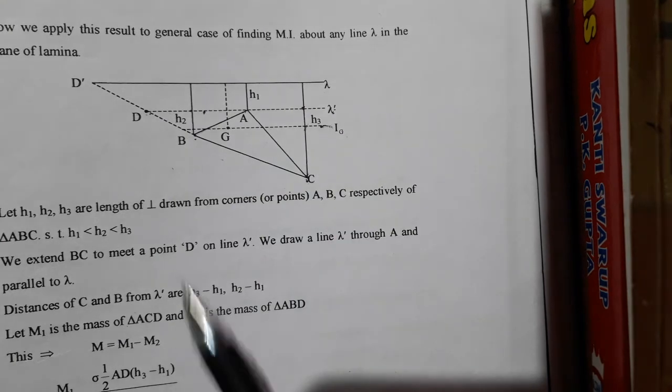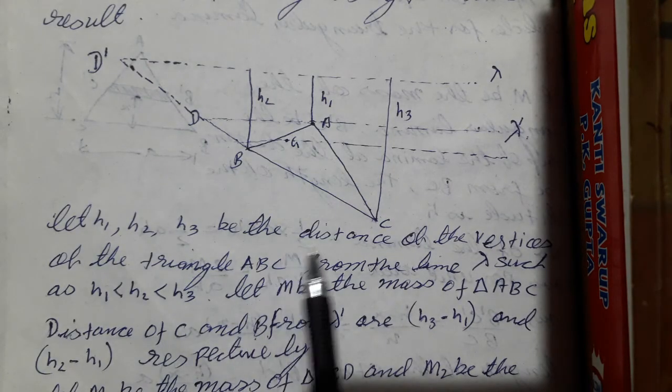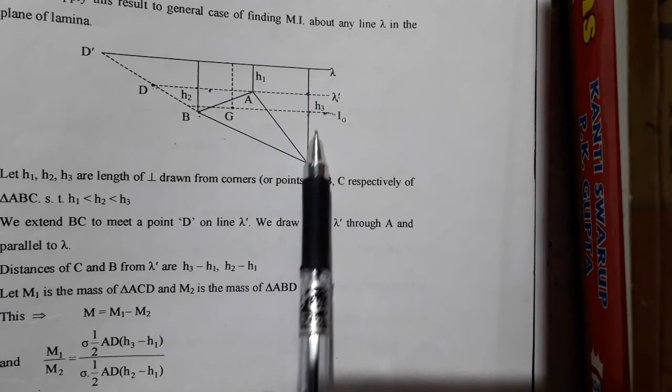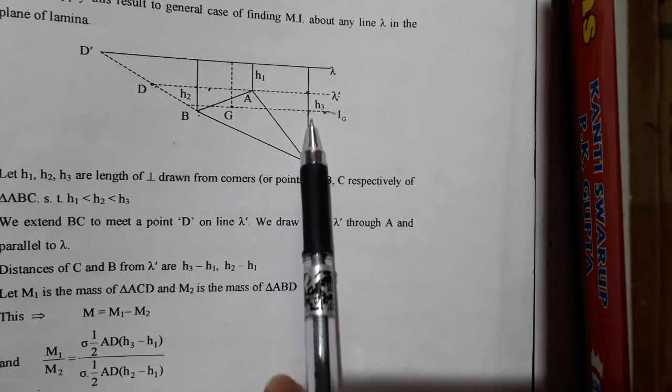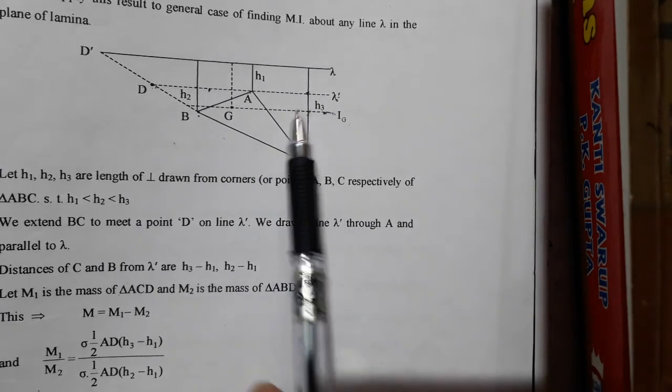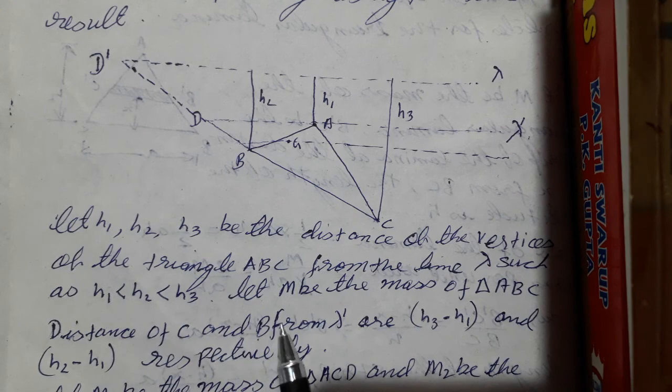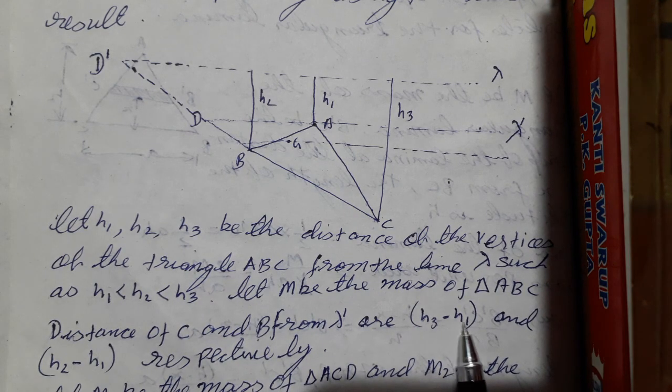Check the diagram properly. We can see that this distance is h1, and we want to find the distance up to lambda dash. This whole distance is h3, so it will be nothing but h3 minus h1. So the distance of C from lambda dash is h3 minus h1.